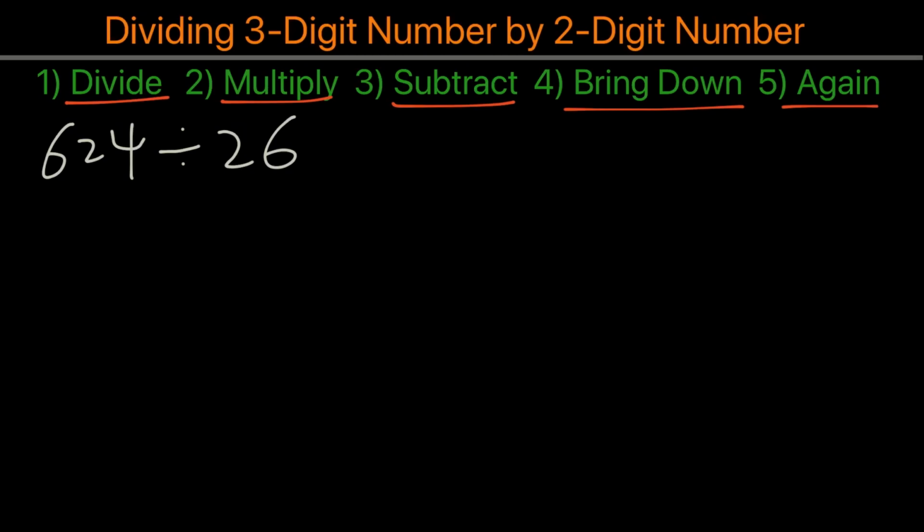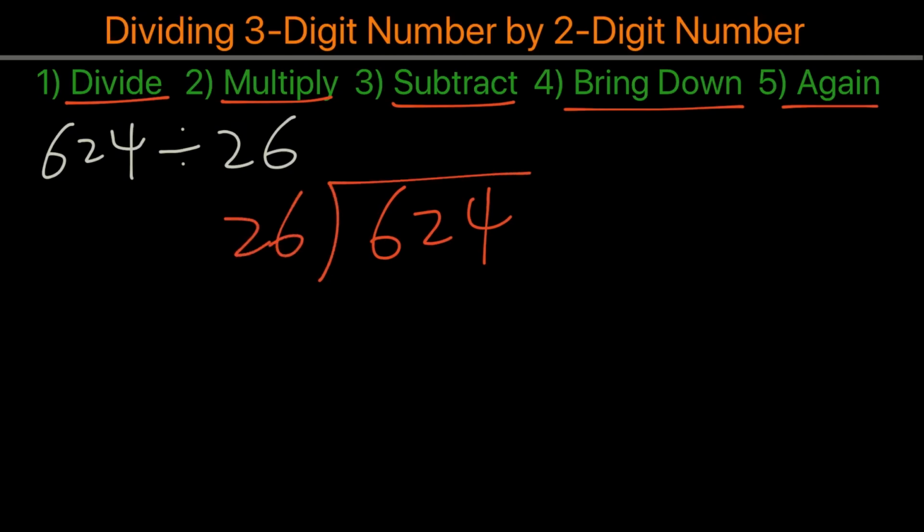In this example, 624 divided by 26, we would write out 624 divided by 26. Now, the first part we want to look at is the divisor here, which is 26.